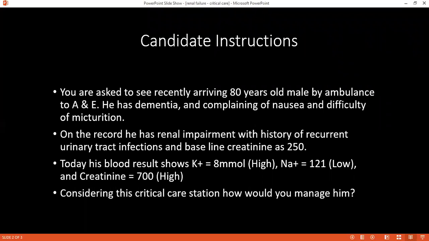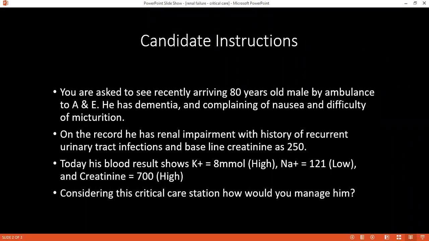If you have read and understood the critical care scenario, kindly tell me how you would manage this patient. Ma'am, I will manage this patient according to the ABCD approach. As the patient is an 80-year-old male, I will check the airway. If the patient is able to breathe and speak properly, then the airway is secured.